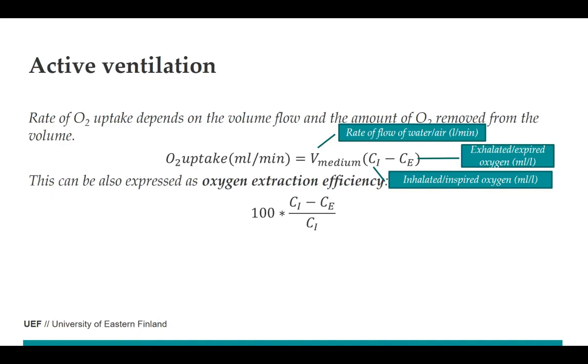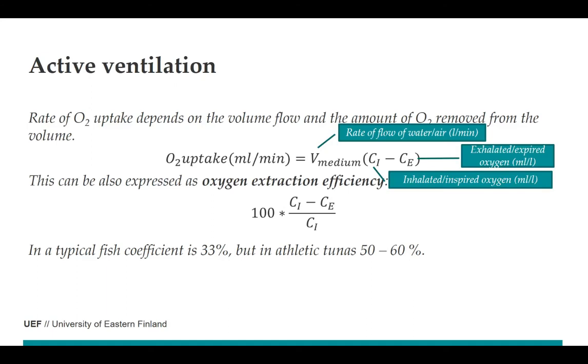And in the typical fish, this ratio is about 30%. But in these athletic tunas, because they have these modulated gills, they can use or take up into the circulation maybe 50 or 60%, even 60% of the oxygen available, but never 100%.